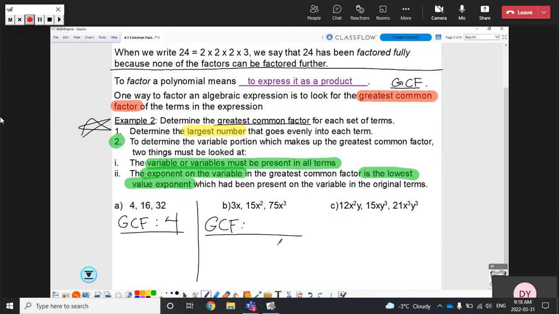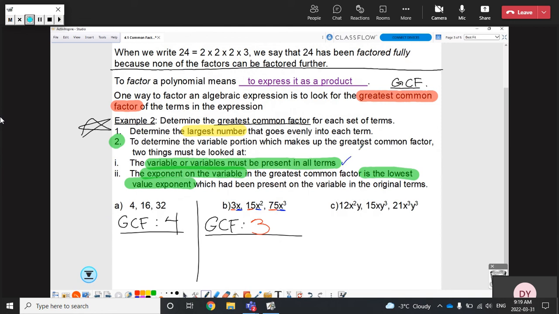Is it 3? So far, we know 3 is a number that divides evenly into all these terms. That's the number part. Now, if you look at the variables, the variable x is present in each and every single term. That's great.